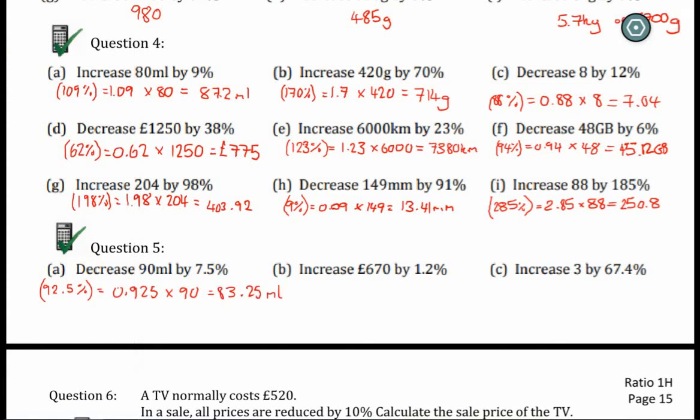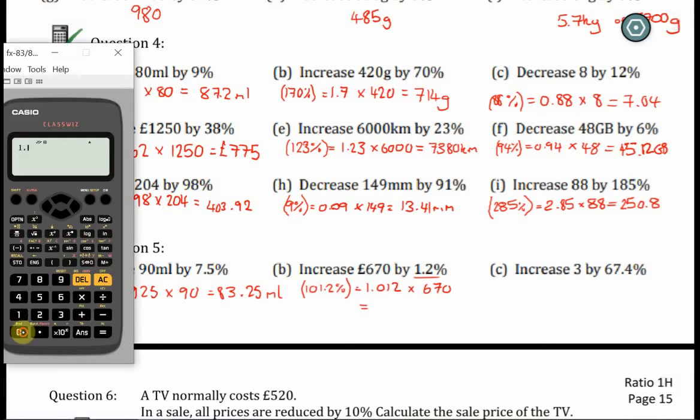B, I'm trying to increase by 1.2%. If I add 1.2% to 100%, that'll give me 101.2%, which is 1.012. Times that by 670. £678.04.